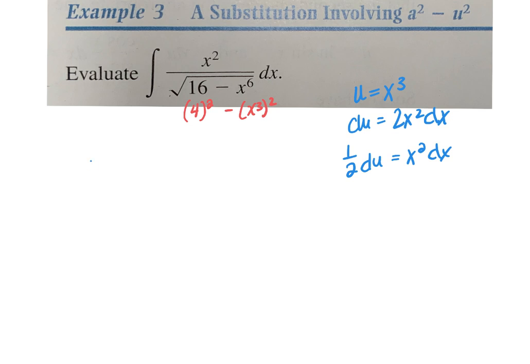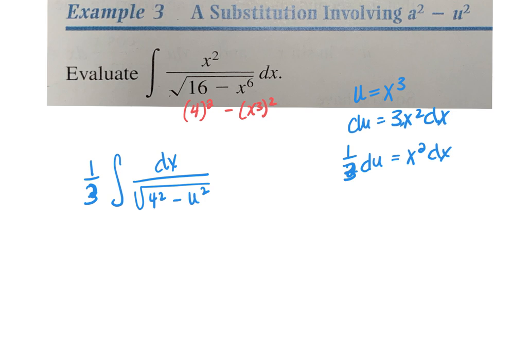So I end up with 1/3 du over the square root of 4 squared minus u squared. And so now I have a perfect arc sine, right?